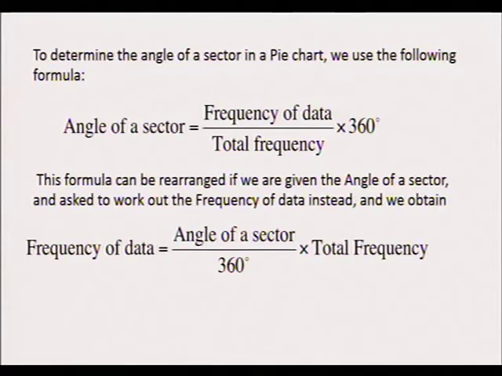Of course, in this case we are restricted to 4, but you can work out problems involving pie charts of more than 4 sectors. This formula is valid for a pie chart of any number of sectors.